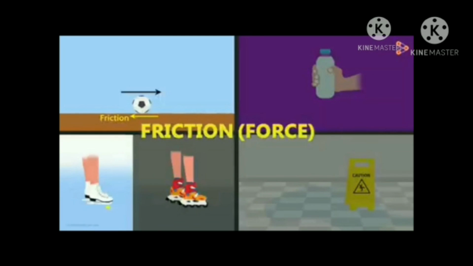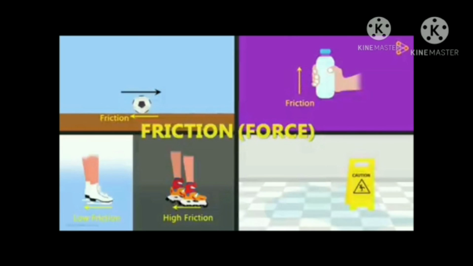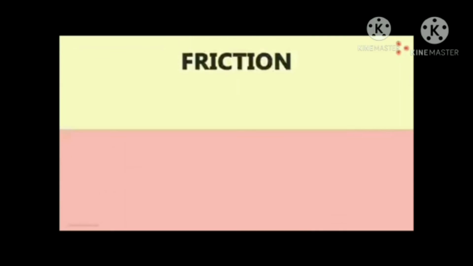The force of friction offered by the ice is lesser than the force of friction offered by the road. Hence, skating on an ice rink is easier and seems effortless. The bottle doesn't slip down because the surface of your hand offers friction in the opposite direction. And in the case of the floor, the soapy water reduces the force of friction offered by the floor.